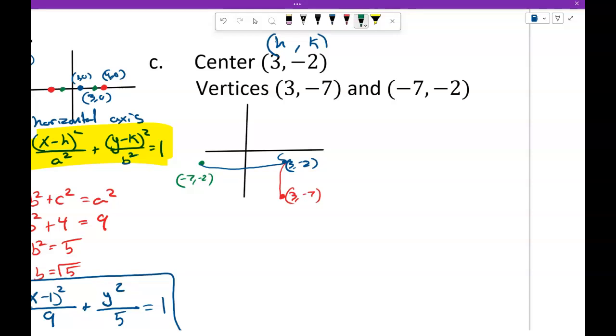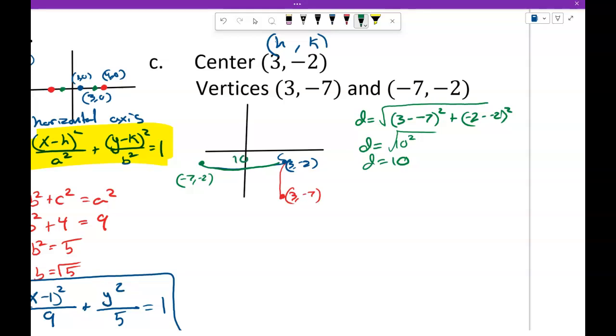So we can find the distance between these points. Using our distance formula, we can take the x values and subtract them: 3 minus negative 7, squared, plus negative 2 minus negative 2, squared. Our distance ends up being 10. So the length of this semi-axis is 10.